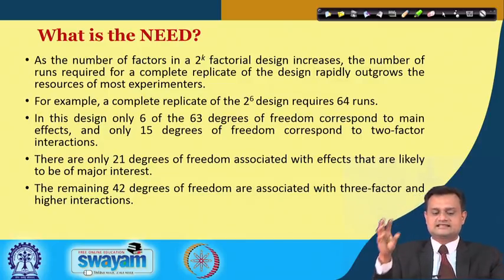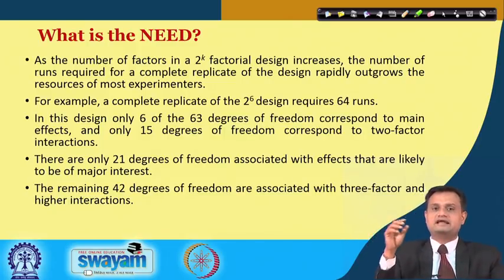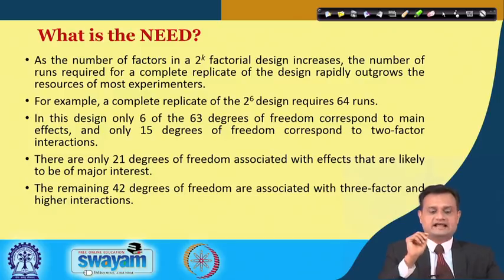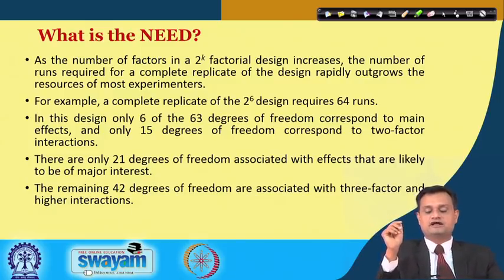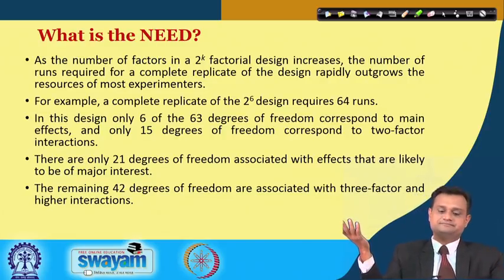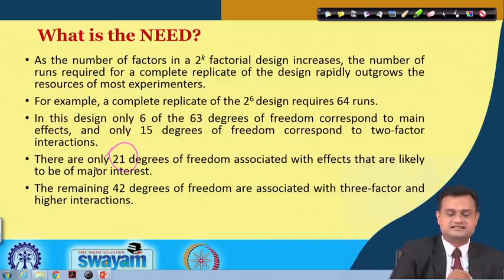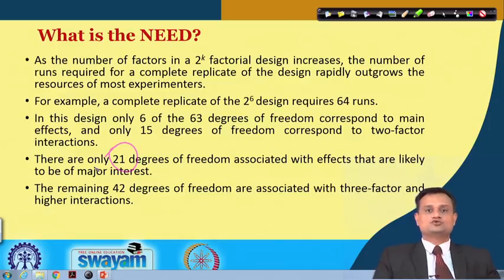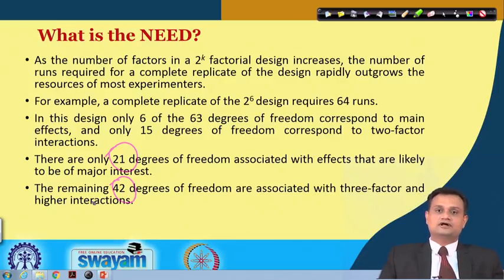Out of this, only 6 are specific to main effects and only 15 are specific to two-factor interactions. So 21 degrees of freedom are associated with the effects that are likely to be of major interest, and 42 degrees of freedom are associated with three-factor or higher order interactions. So this 21 is 15 plus 6: 6 is the main effects, 15 is the two-factor interactions, and 42 would be three-factor and higher order interactions.